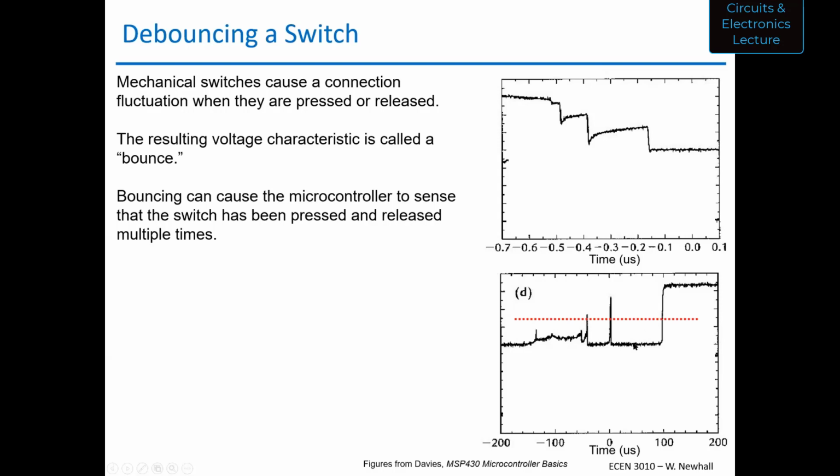So what you do is you debounce the switch, and you can debounce the switch in software or hardware. In hardware, you can apply a capacitor to smooth out this voltage.